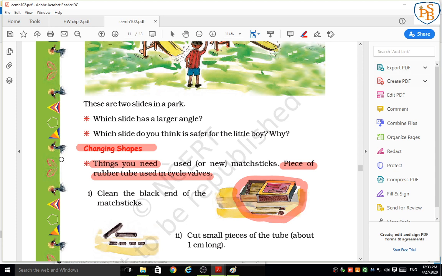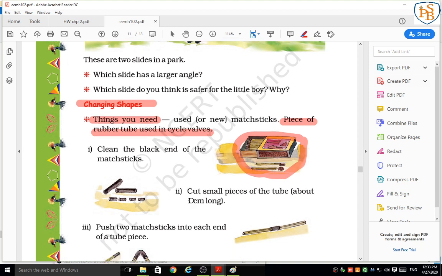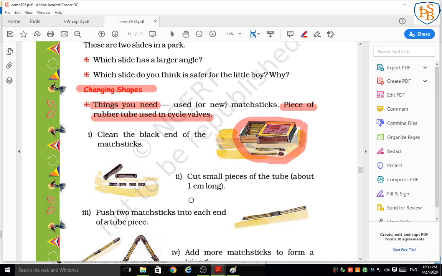So cut this rubber tube into small pieces, around 1 centimeter long. Done, everything is done. So chalo, we will actually start our activity.